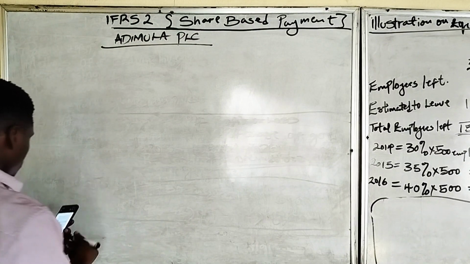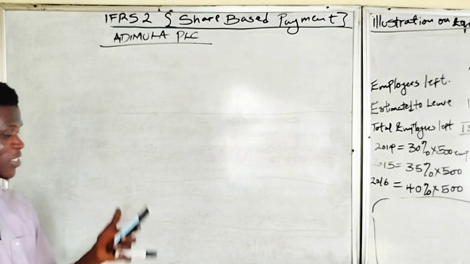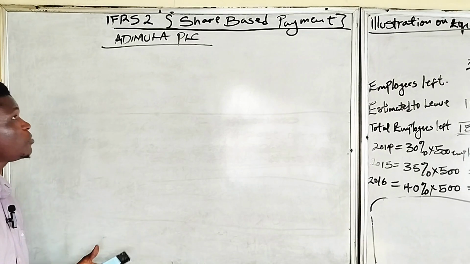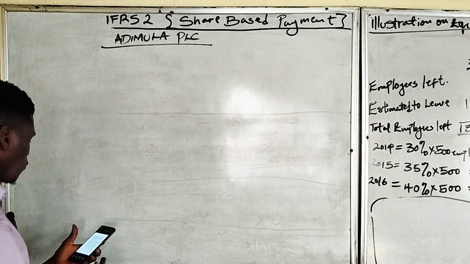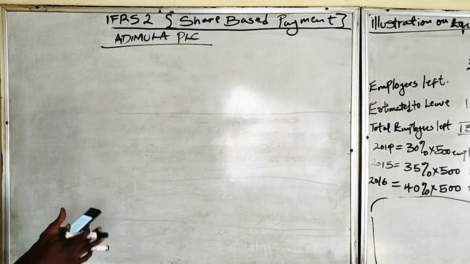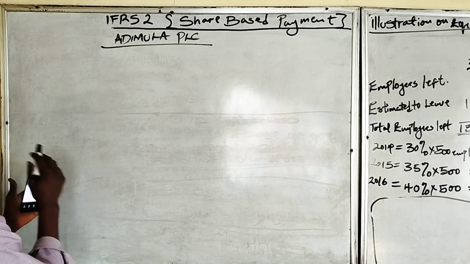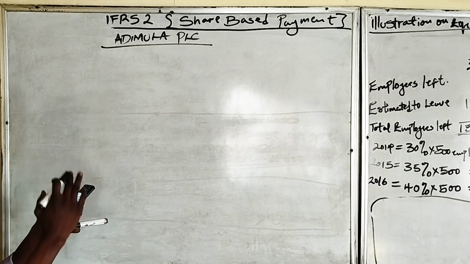This is very straightforward. Although it looks hard, seeing this kind of lengthy question, you will carry the weight and even think that we may not be able to do it, but it's very simple. We have already been given the total number of employees, so we've done the vesting conditions, giving us the total number of employees that will be in the company as at the year end.